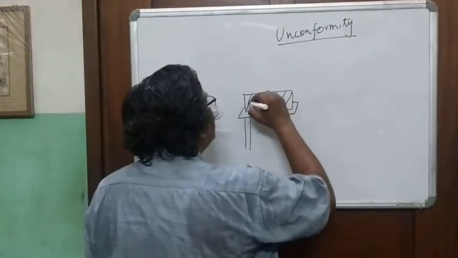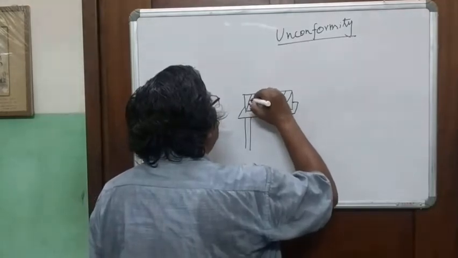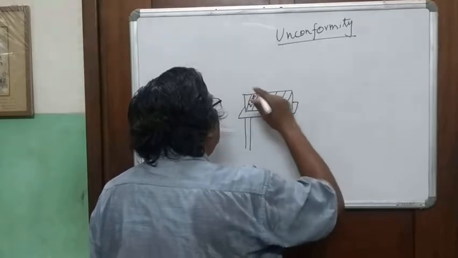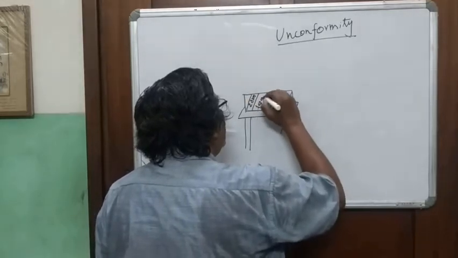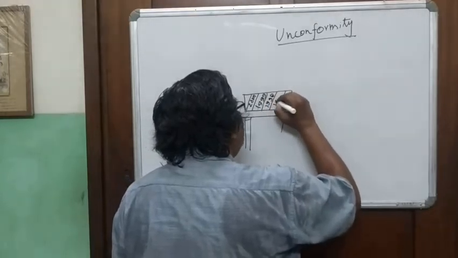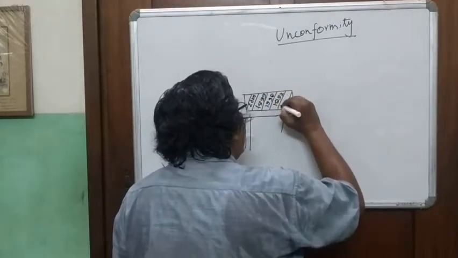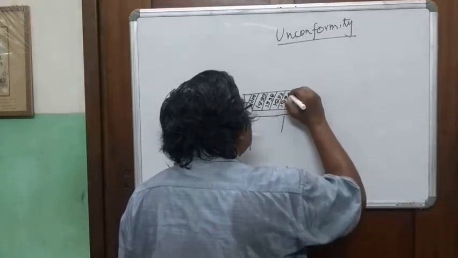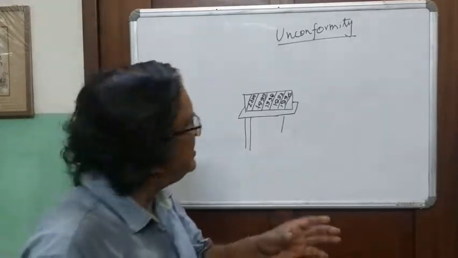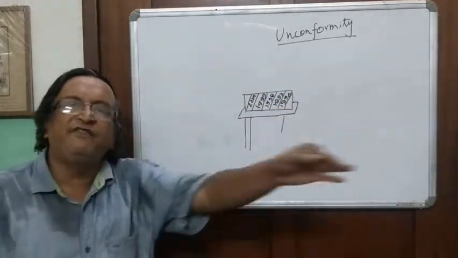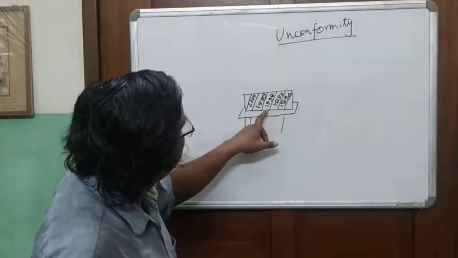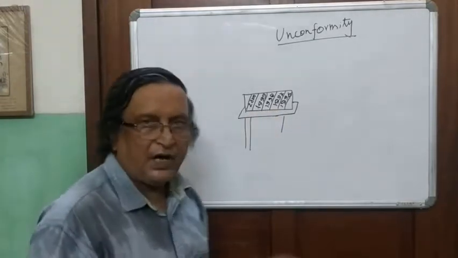This is, say for example, 1999, 1998, 1997, and say 1996. So say this is an office, some office record, yearly office record. 1996, 1997, 1998, 1999, 2000.